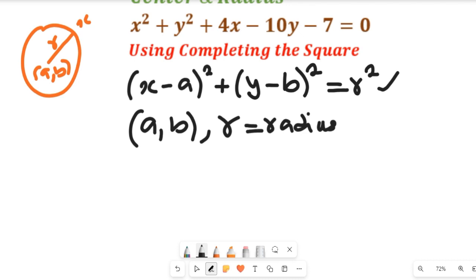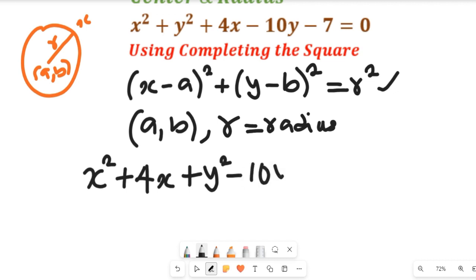Now, if we are given that equation, let's see if we can collect these like terms from the equation. We're given x squared. Let's make the equation become x squared plus 4x plus y squared minus 10y minus 7, and this is equal to 0.